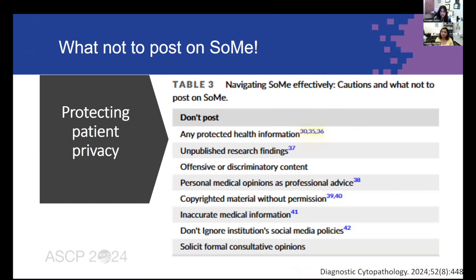Do not publish any copyright material without permission, and do not put any inaccurate medical information, especially since sometimes even patients are looking at our posts and they may be misguided by this. And don't ignore your own institution's social media policies. And also don't solicit formal consultative opinions on social media. Very important table. Again, this was in Diagnostic Cytopathology, which we published this year.